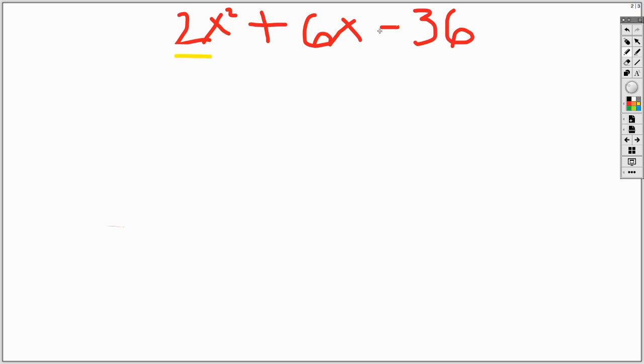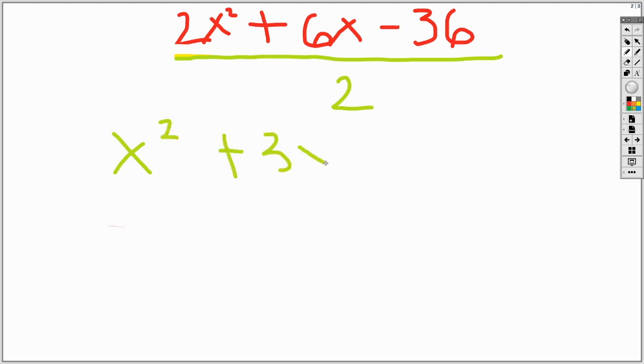Whenever we have this scenario, always think if I could simplify it, because simplifying makes it a lot easier. So here we can see that maybe I could divide it by 2. And yes, it is divisible by 2, as the other two numbers are even as well. So if I divide by 2, it becomes x to the power of 2 plus 3x minus 18.